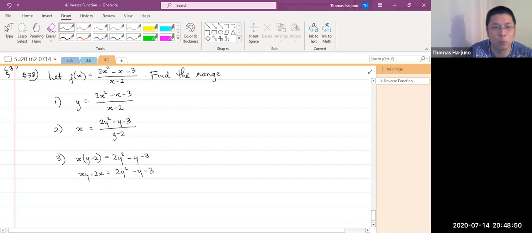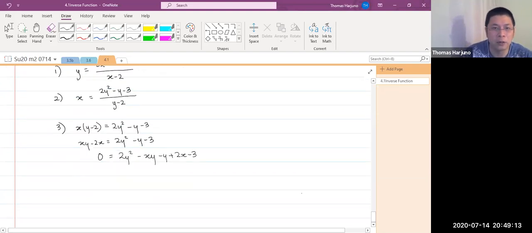The thing is we have y and x there. How do we do that? Well, if you take a look at your x and consider that x as a constant, then this is actually a quadratic equation. Let me rewrite it even further this way.